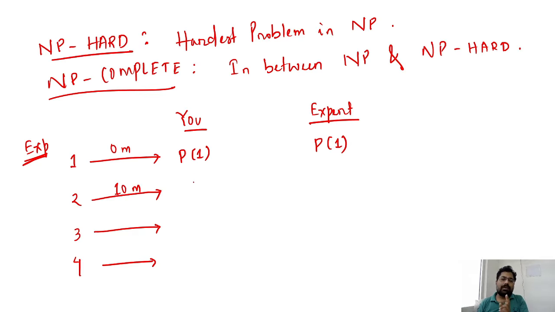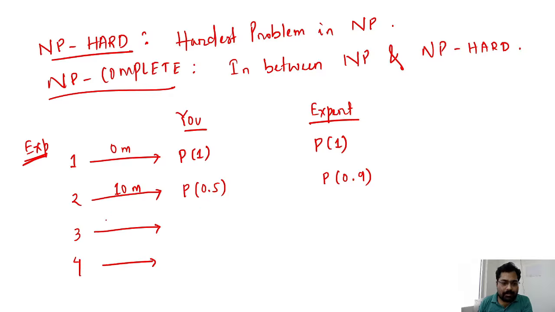In this case, your probability is 0.5. Maybe the target is just standing far from your location at 10 meters, and the probability is reduced to half. But for the expert, the probability is reduced only to 0.9, just a little bit, since he or she is an expert, so the range will be fine.